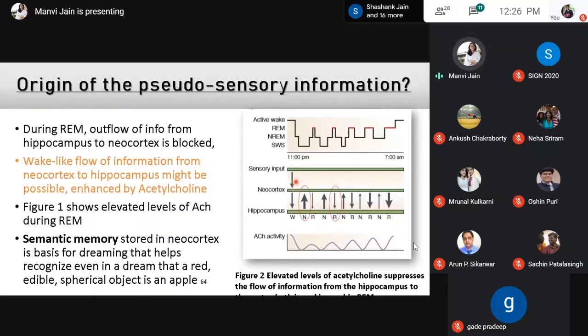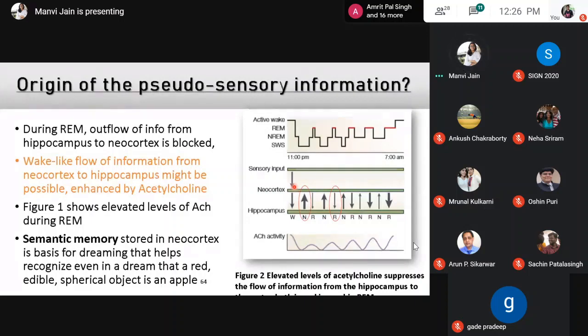But then the sensory input from outside enters the neocortex, and then the whole process stops. I mean, the information has to be conserved in a way. It has to be carried forward. It cannot be lost. It cannot be created.